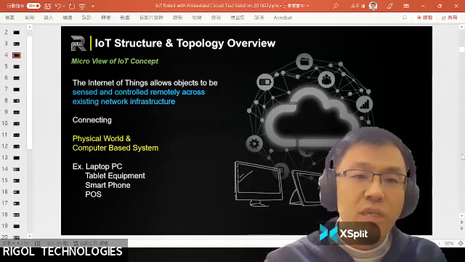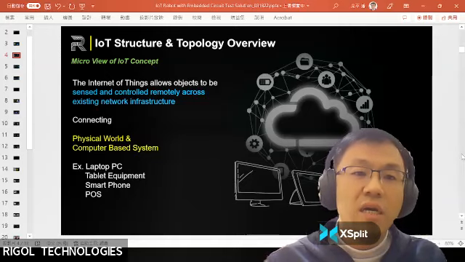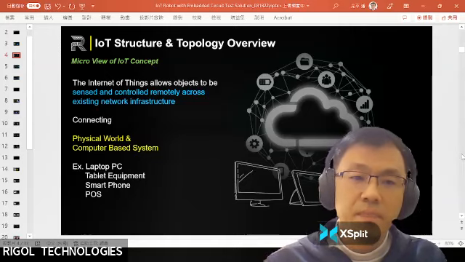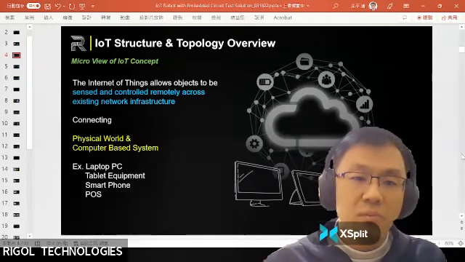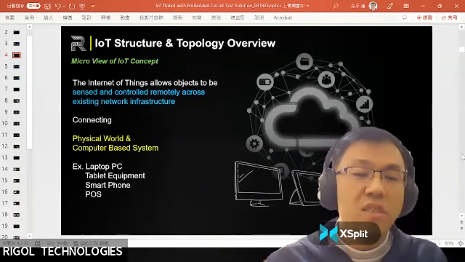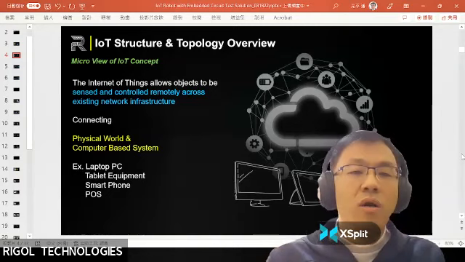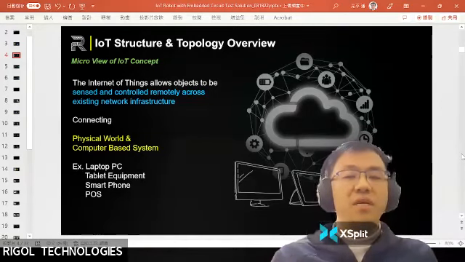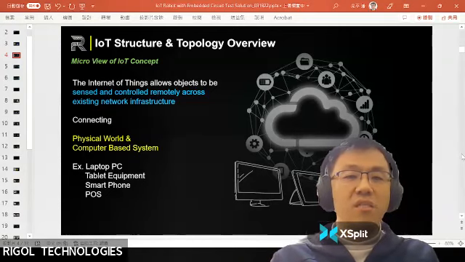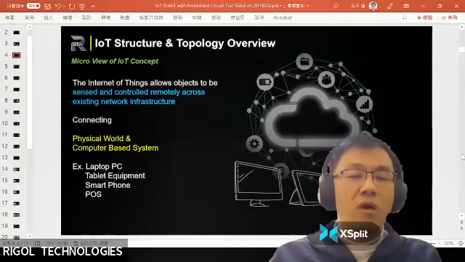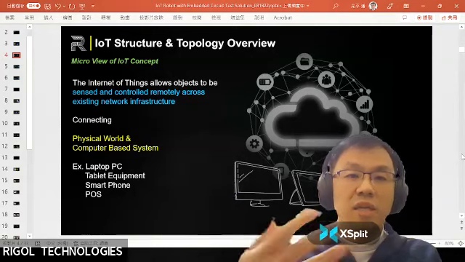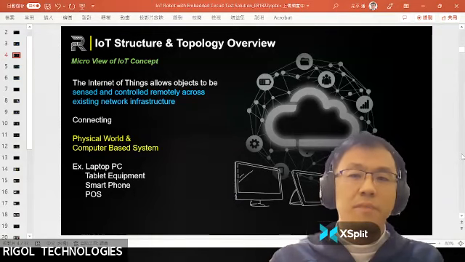So we can include the physical world and communication-based systems, such as laptop PCs, tablet equipment, smartphones, or point-of-sales systems. According to this PC platform, we help people connect any kind of information over the cloud system through the Internet of Things infrastructure. Okay.